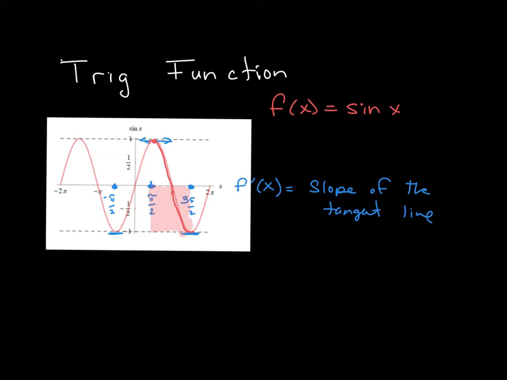Now, if I look at the other part of this function of the sine of x, as I'm going from negative pi over 2 all the way up to pi over 2, that part is always increasing. So in this particular range, it would always have to be a positive value.